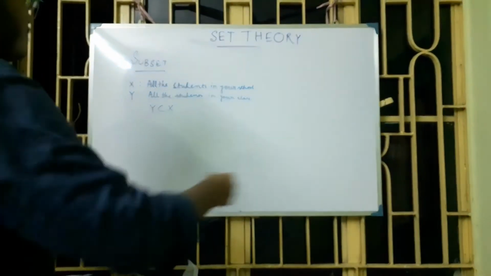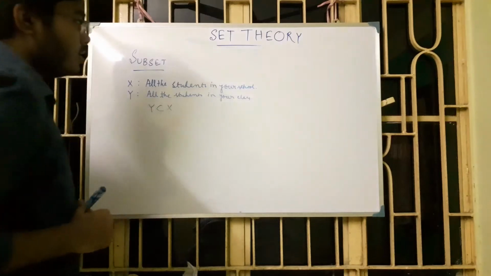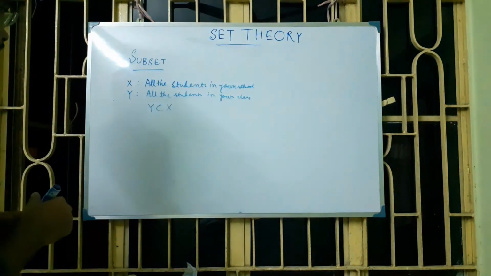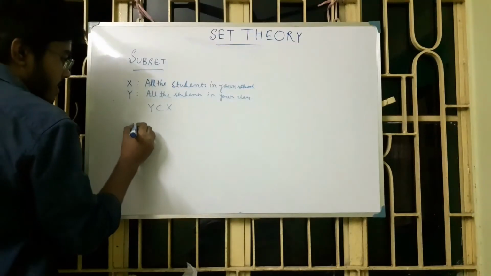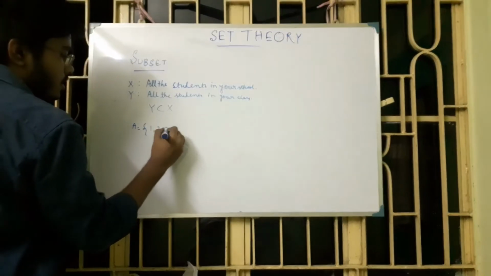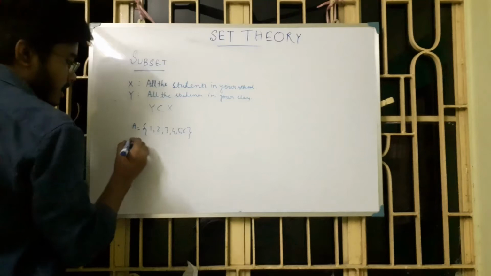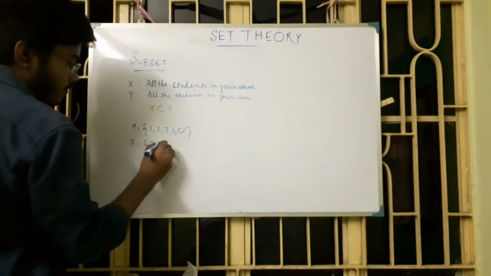This is the sign of subset. Y is a subset of X. That means all the students in your class are also in the set of all the students in your school. Let's take another example. A is 1 2 3 4 5 6 and B is only 2 3 4.